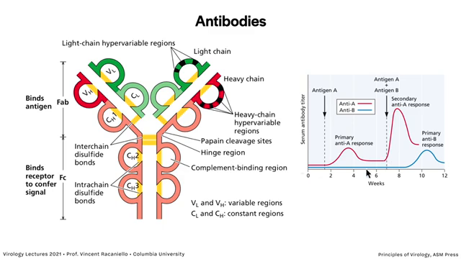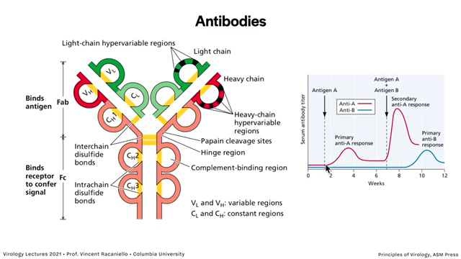And here on the right is a graph that shows you general kinetics of antibody production in the blood. So we're looking at weeks on the x-axis, and we are looking at serum antibody titer on the y-axis. So you can see here, we've given antigen A, and then, it depends on the antigen and the particular animal, but within days you can start making antibody, as is shown in red here.